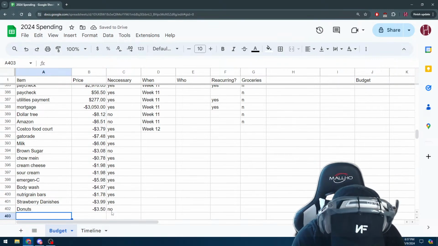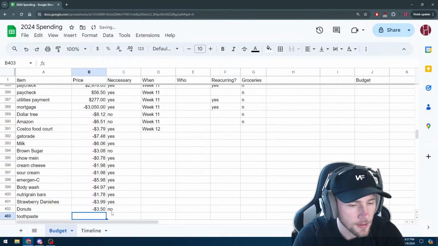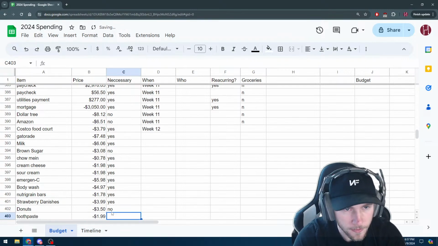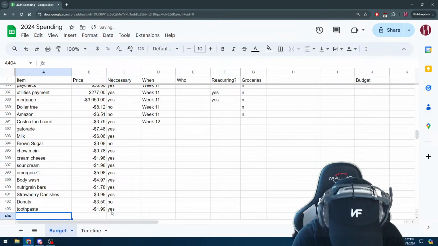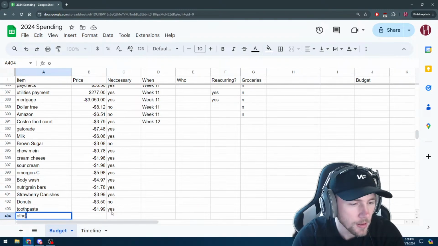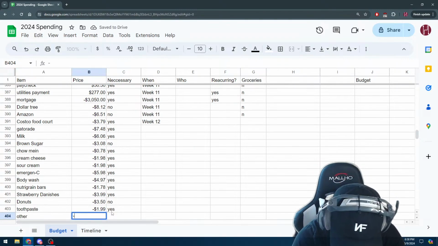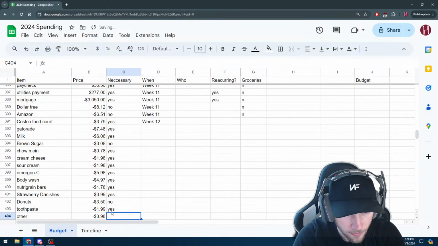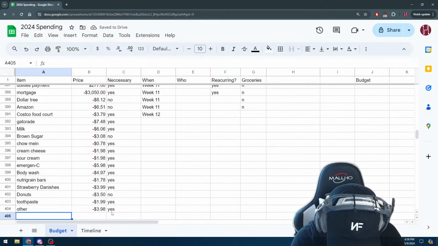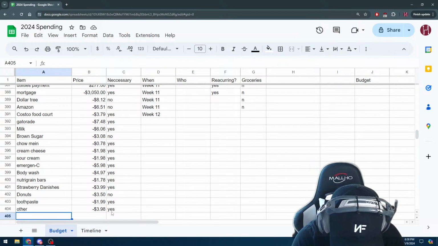Alright, moving on. We got some toothpaste. Some of the cheap stuff. Necessary, of course. What is this? Not sure. We don't know, we just put other. I think it's some sort of meat, but that's fine.